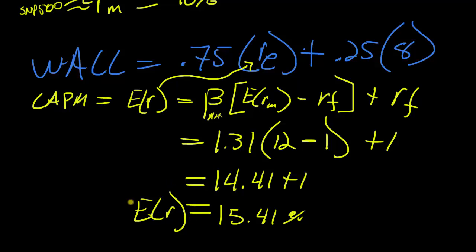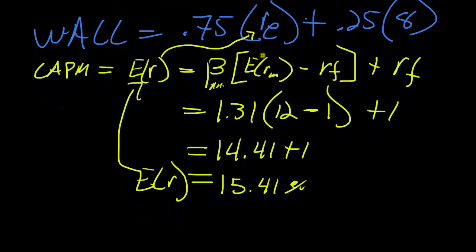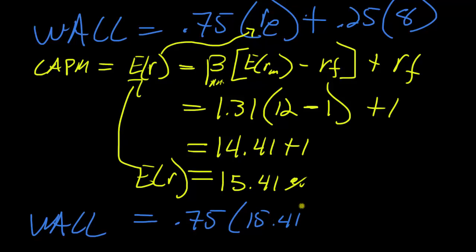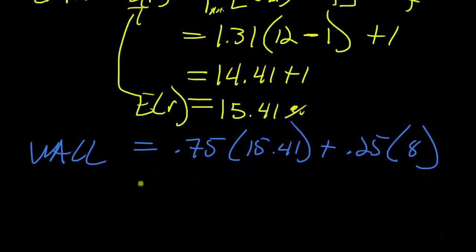And what do I do with my expected return? I plug it into my required equity. So let's rewrite the WACC equation down here at the bottom. WACC, my weighted average cost of capital, is 0.75 times 15.41 plus 25% debt at 8%. And at this point, it's just mathematics.